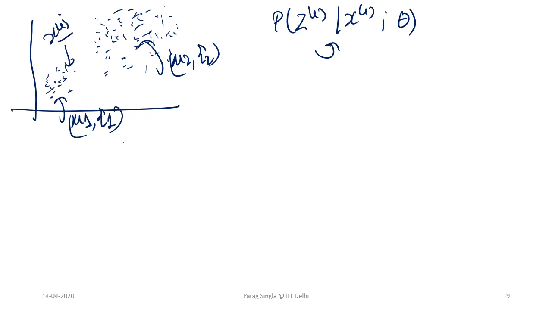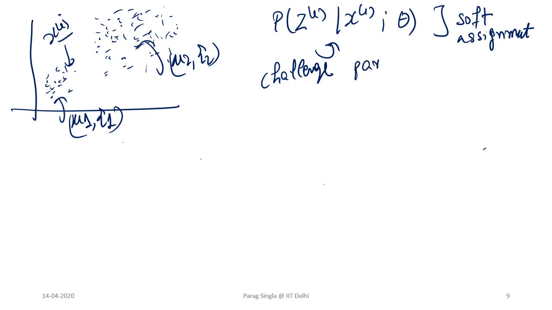These cluster assignments are soft assignments. So each point after this step would in general belong to multiple clusters. And that poses a challenge for the parameter estimation in the next step.